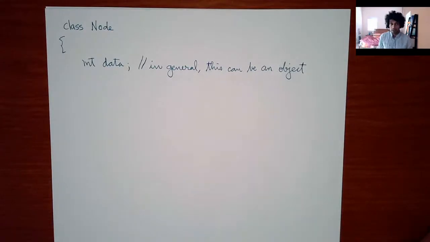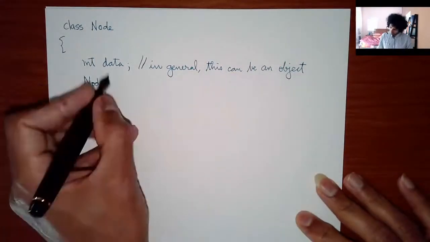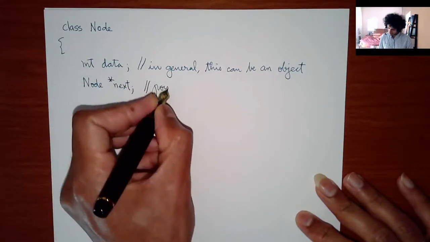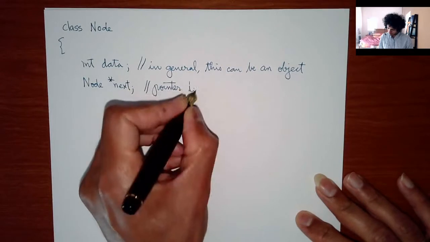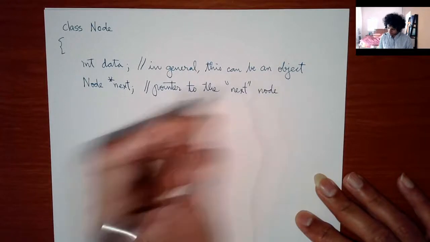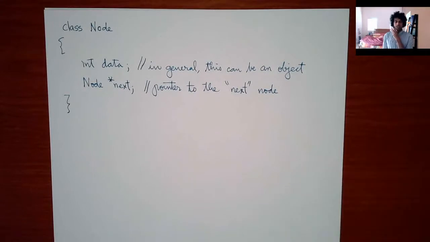I'm giving you the example of ints. In the Mark Twain assignment, you may have to store something more complicated. You might store a word and a frequency, or whatever makes sense for you, or it could even be a pointer to an object. And what's important is this recursive definition: there is going to be a pointer to the next node. Okay, so this is your fundamental class or structure.